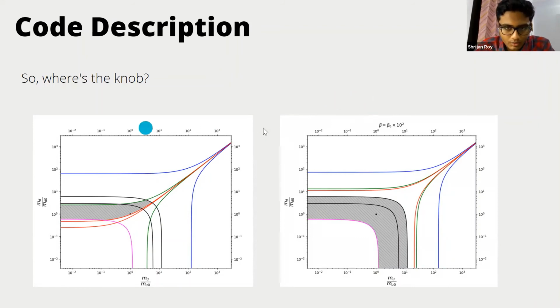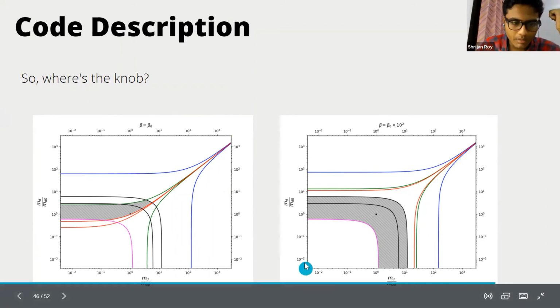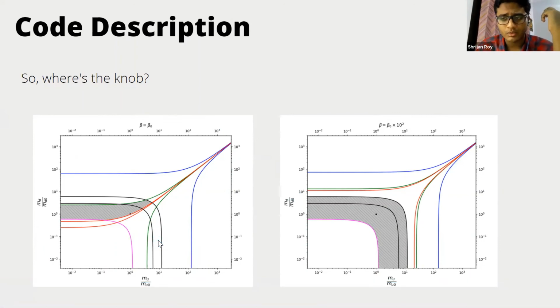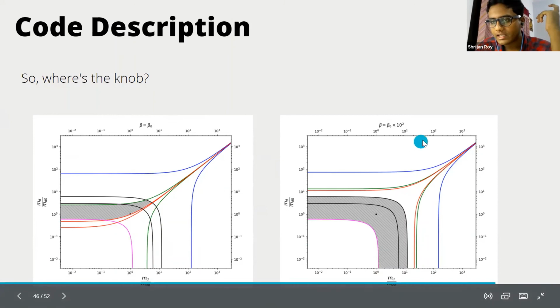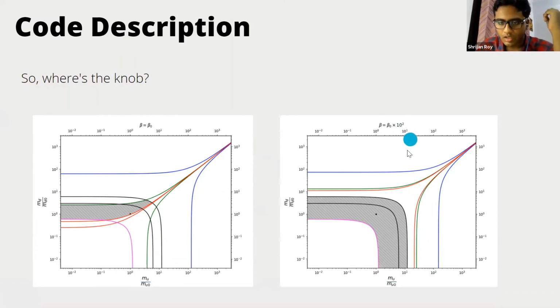If you see these two figures side by side, this is one of those nuclear stability fine-tuning arguments I showed earlier. This is the normal plot with beta equal to beta 0, where beta 0 is the electron-to-proton mass ratio of our universe. If we change that to 10⁻², we may see that the plots change quite significantly, and the existence space also shoots up quite a bit.